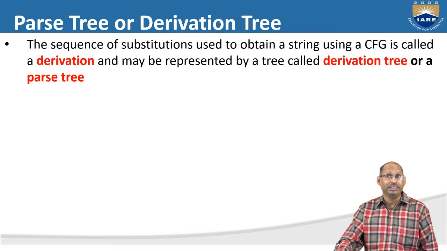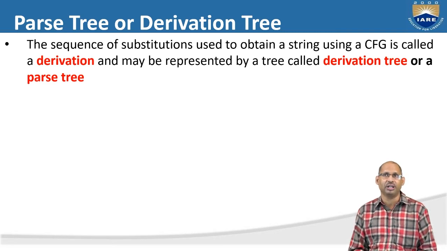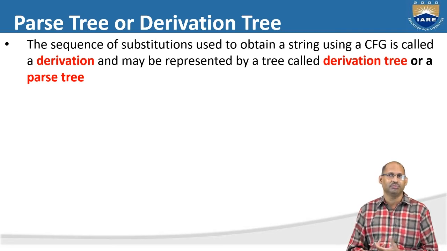Then the representation of the derivation of a given string in tree form is called the derivation tree or parse tree. The sequence of substitutions used to obtain the string using the context free grammar is called a derivation and may be represented by a tree called a derivation tree or parse tree.